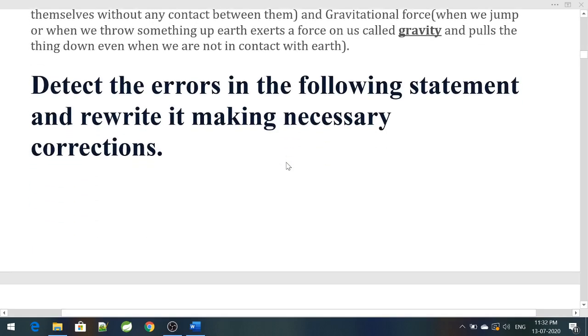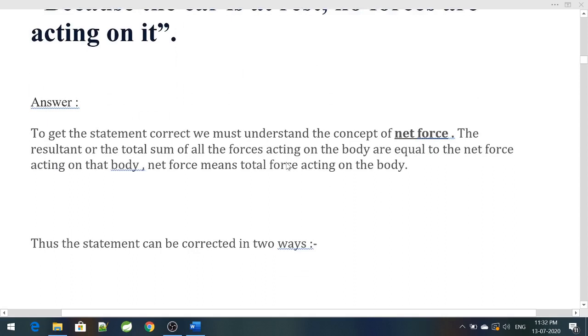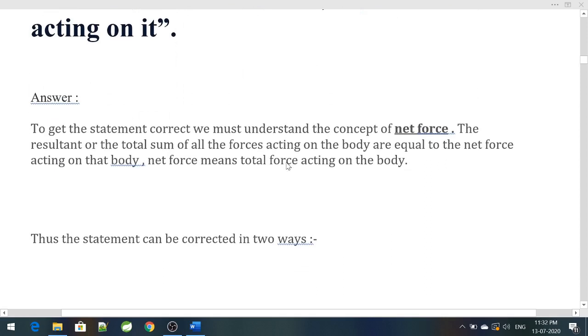Detect the errors in the following statements and rewrite them making necessary corrections. Because the car is at rest, no force is acting on it. So is it correct or wrong? Let's see. To get the statement correct, we must understand the concept of net force. The resultant or the total sum of all the forces acting on the body is equal to the net force.